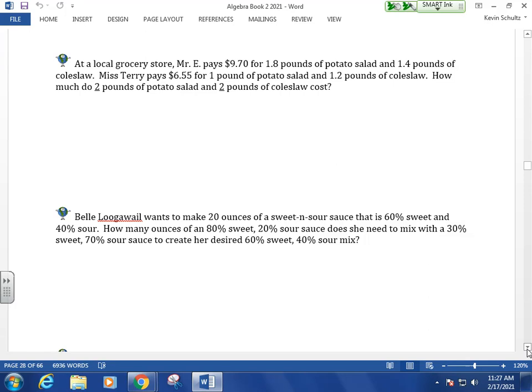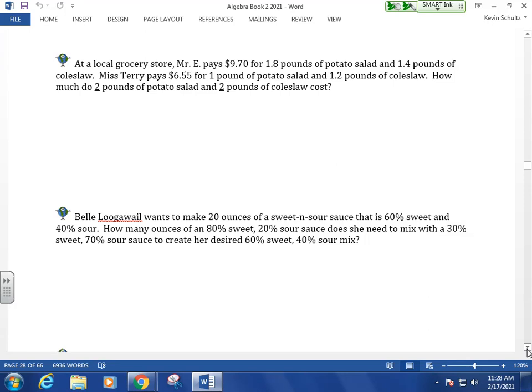What would the 2 and the 3 represent in your equation, Noah? They'd be the coefficients. No different here. It's just not 2 pounds, it's 1.8. And it's not 3 pounds, it's 1.4. There's still going to be coefficients. They're just decimals. You can use a calculator to multiply, you can do anything you want with them. So don't be blocked by that.